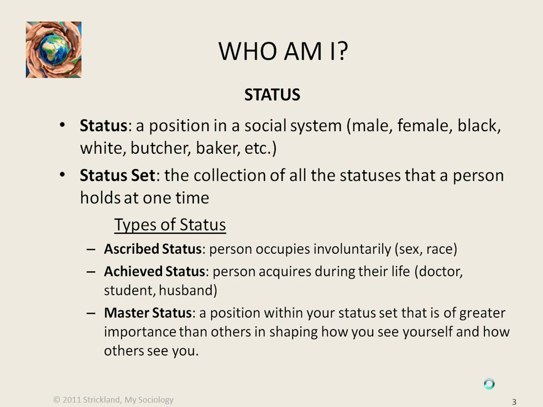Another term for status set is social identity, because often if you're introducing yourself to somebody or to a group, you might say, hello, my name is Dave, I'm married, I have 3 kids, I'm a teacher, I like to fish on the weekends. So what you've done is you've basically listed a collection of status positions that you hold as a way to tell the other people who you are.